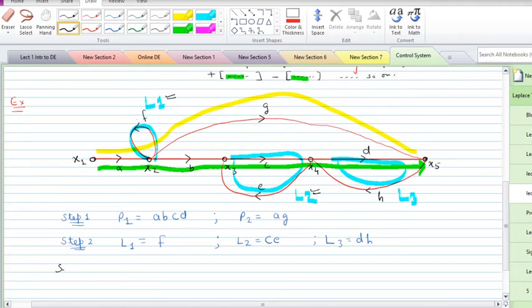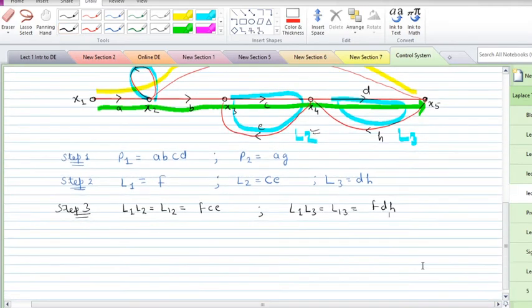So we write the pair of non-touching loops L1 L2, named L12, equals FCE. Second, there is no common node between L1 and L3, so we can write L1 L3 as another pair, L13, and it is FDH.